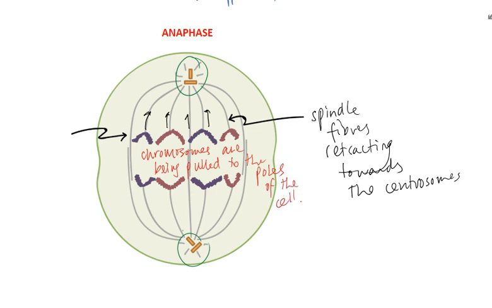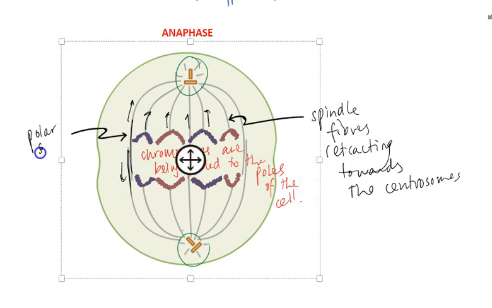So this arrow here, I do believe, is pointing towards the polar spindle fibers. You can see that these polar spindle fibers are anchoring onto each other, and they're assisting in the movement of those chromosomes. I think they're growing, and by their growing, these spindle fibers are increasing in length, which pushes those poles apart.